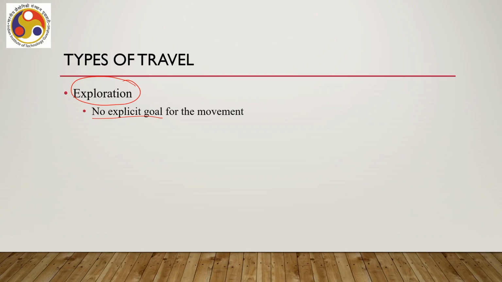The user instead just wants to move around, to see things, to learn things, to explore things. So, that is the exploration type of travel. Then we have search, moving to a specified target location. So, instead of exploration, the user now wants to move to a specific location, that comes under the search type of travel.